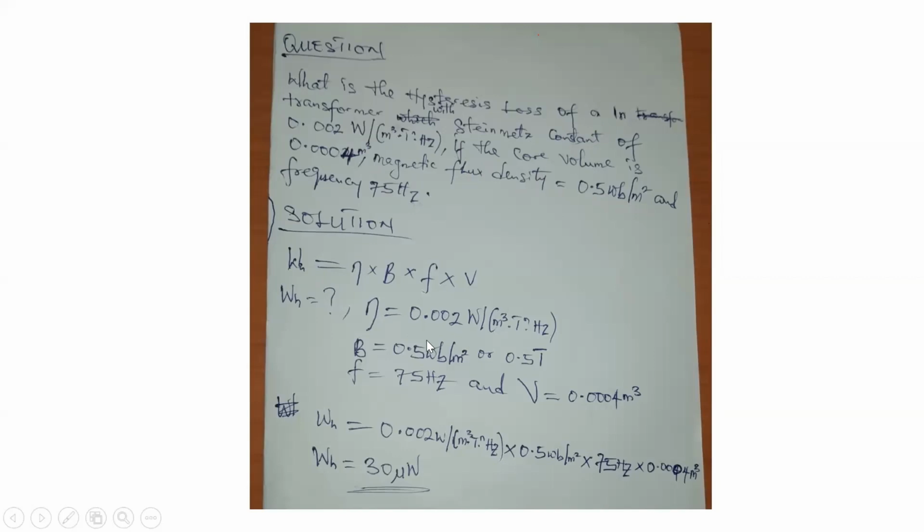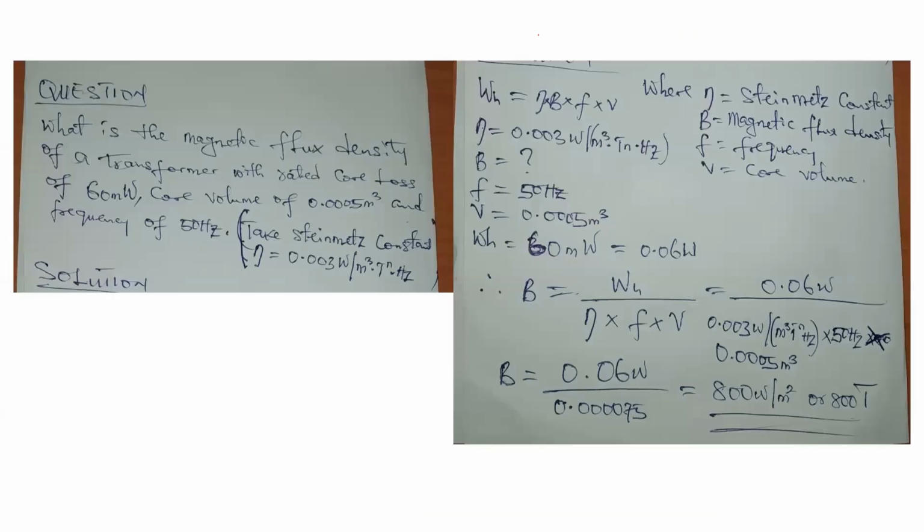You state the formula, you fix in this, and we have the answer: 0.02 times 0.5 times 75 Hz times 0.004, and we have it at 30 microwatts. This is the core loss for that transformer.